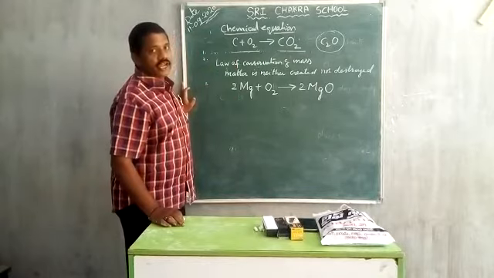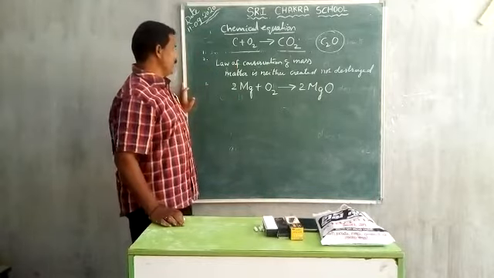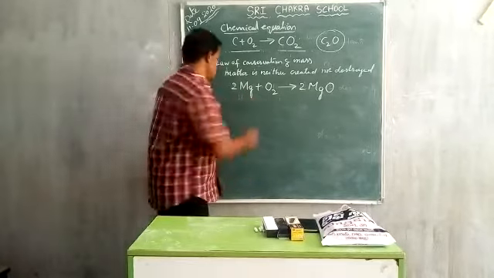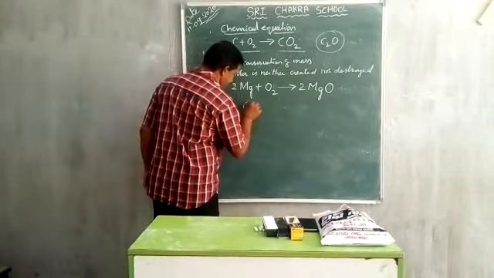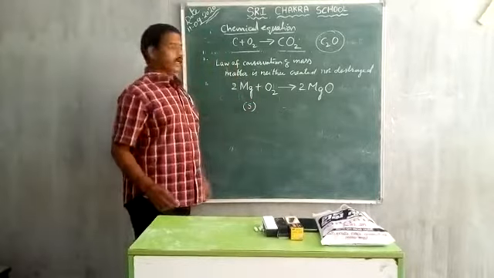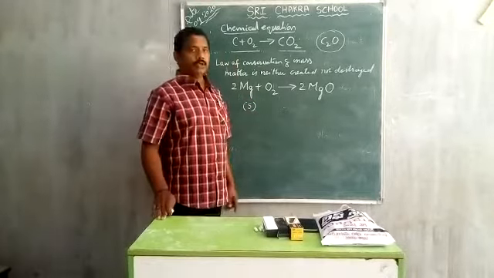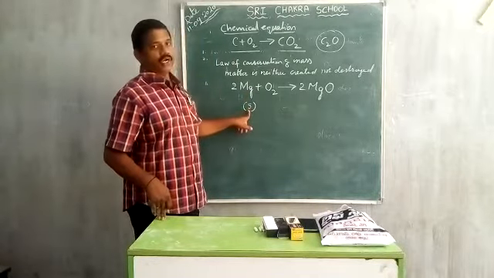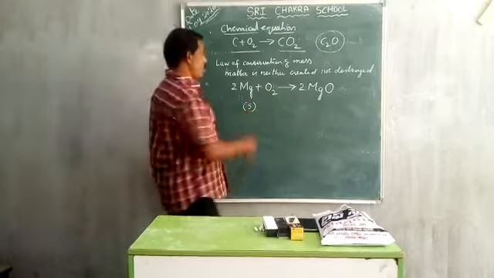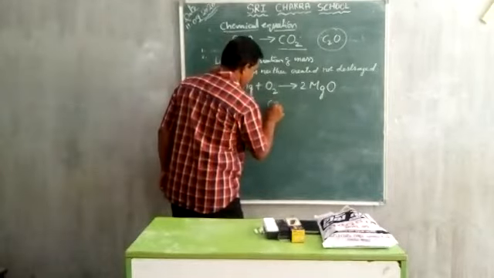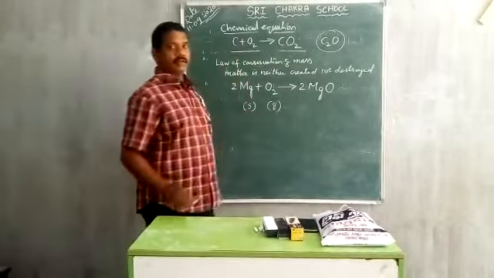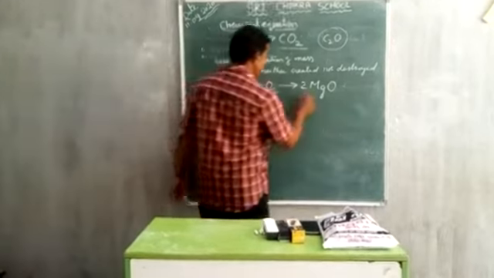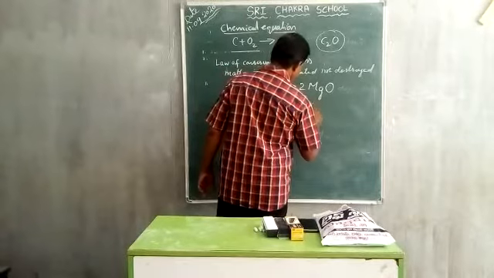Next, the state of reactants and the state of products. Magnesium is in solid state. So if it is in solid state, you write S in brackets under that compound, under that element. S for solid. Oxygen, it is in which state? Gaseous state. So gas, G. Next, magnesium oxide.